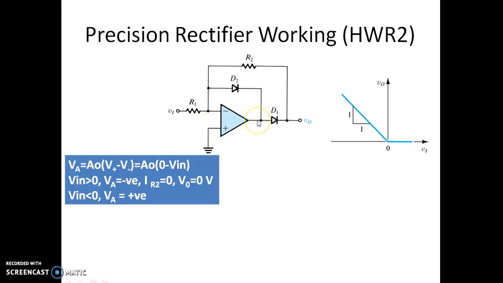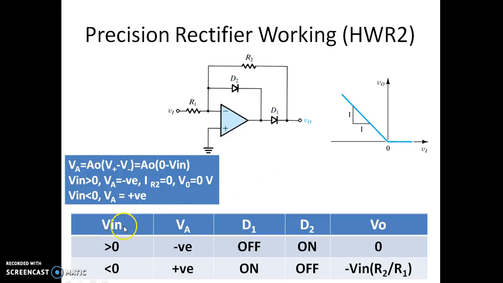When this is negative, diode D1 is off. That is what is written over here: when Vin is greater than 0, VA is negative, so D1 is off.